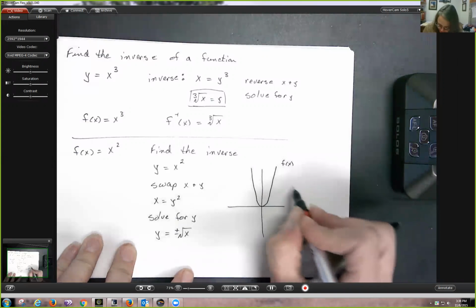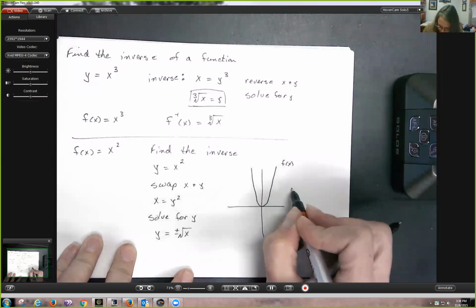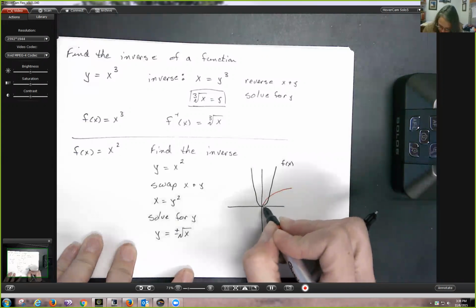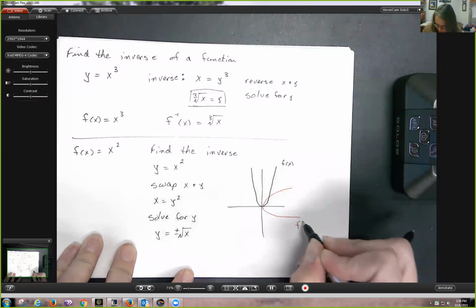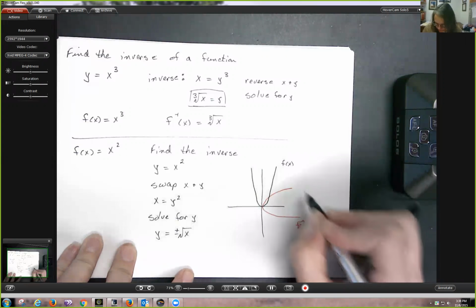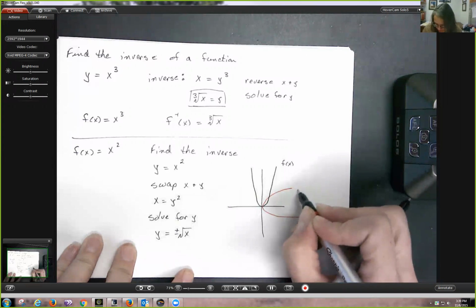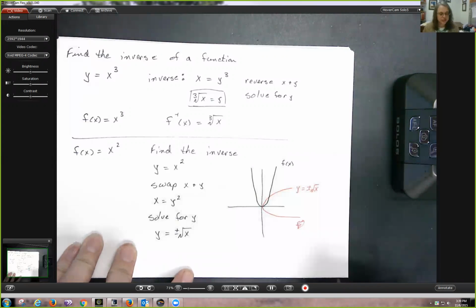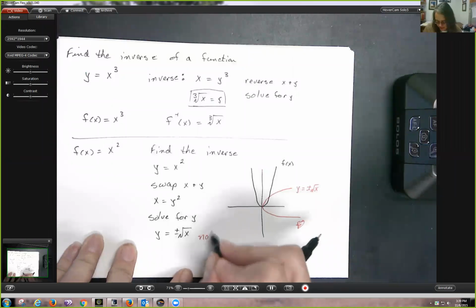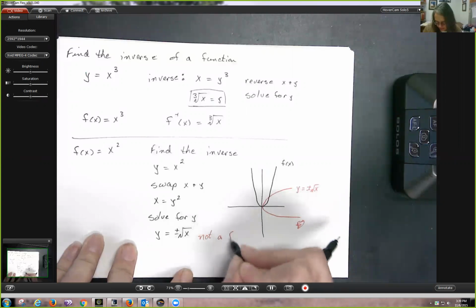The inverse is this sideways parabola. We'll call it this. I'm not using function notation because this is not a function.